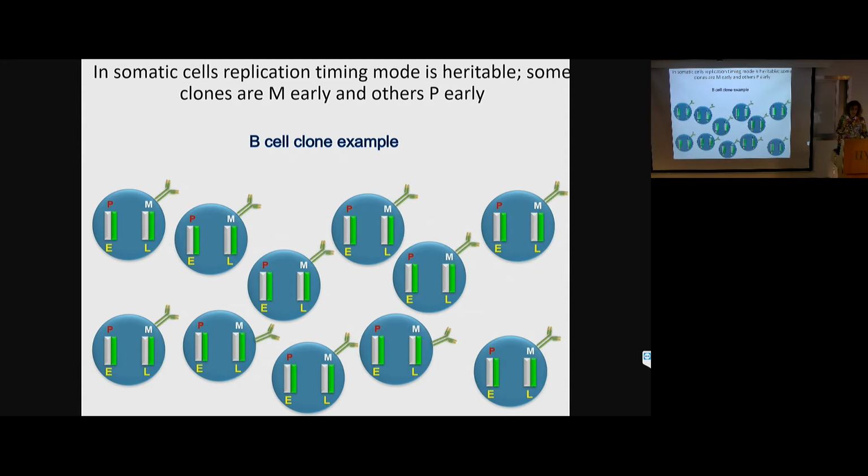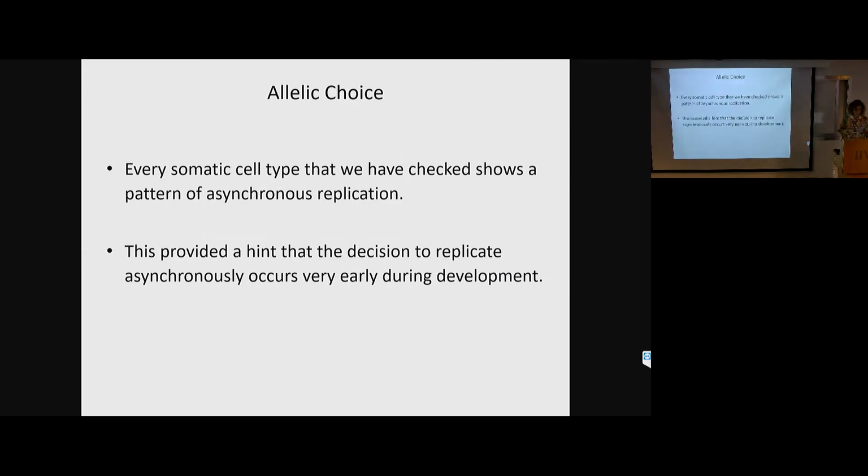So this replication mode, the asynchronous replication mode, is committed. The cells are committed to one mode, either one or the other, but once they make the decision to replicate, let's say, the paternal early, they will keep on doing it.